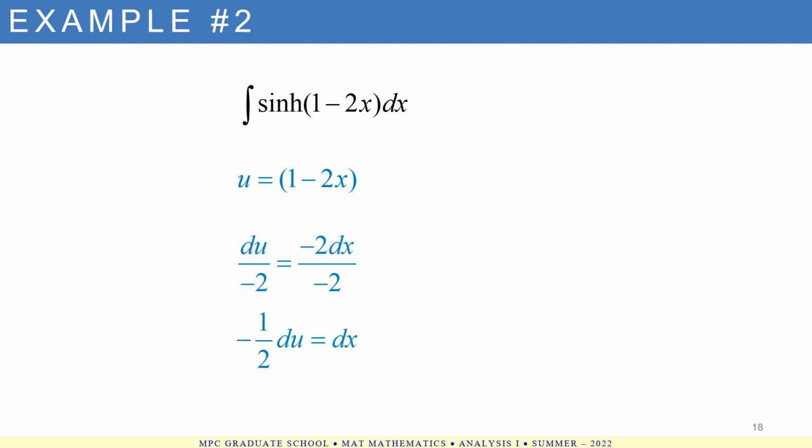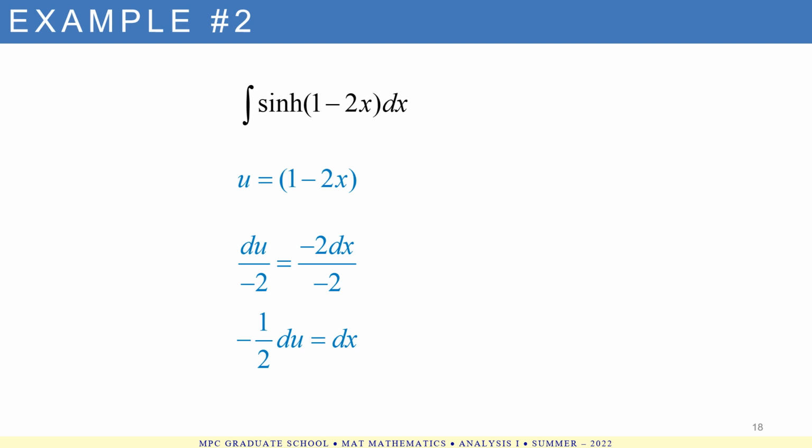For our second example, we are going to have the integral of hyperbolic sine times quantity 1 minus 2x dx. Same process as example number 1, we are going to make a u substitution. Let u be equal to quantity 1 minus 2x, and our du will be equal to negative 2 dx.